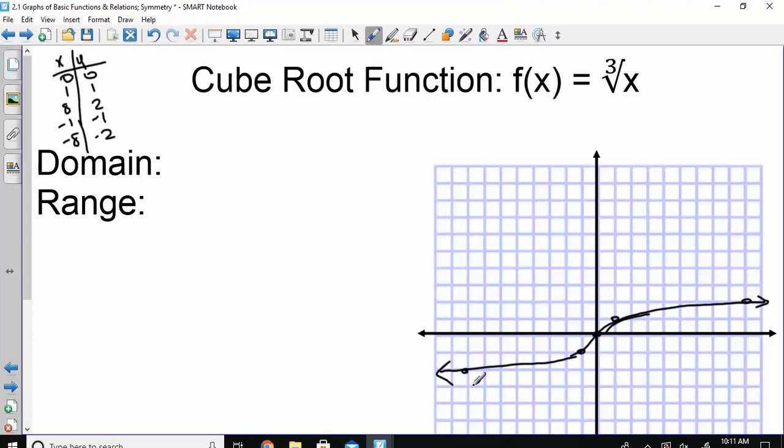Alright, domain. What x values does this hit? Range. What y values does it hit? Negative infinity to infinity.